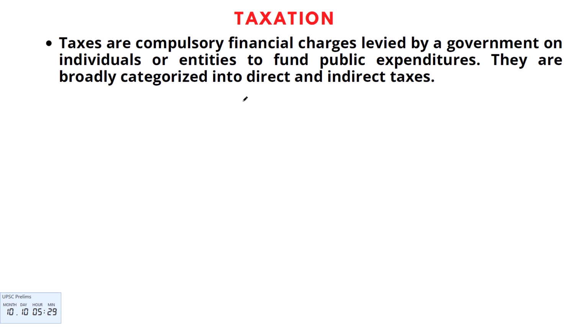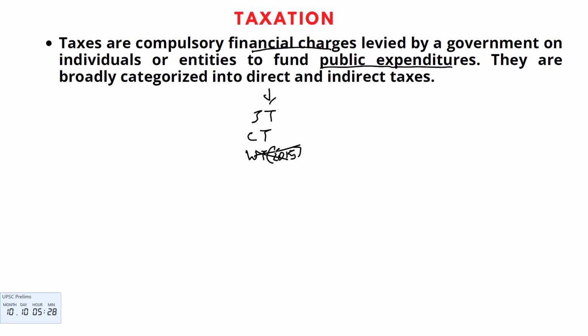See, taxes are compulsory financial charges levied by a government on individuals or entities to fund the public expenditure. They are broadly categorized into direct and indirect taxes. Direct taxes include income tax, corporate tax, wealth tax if applicable. However, wealth tax has been abolished since 2015, so this does not come into account.